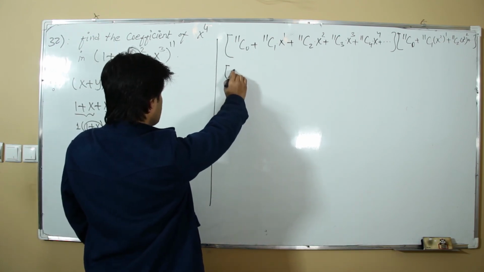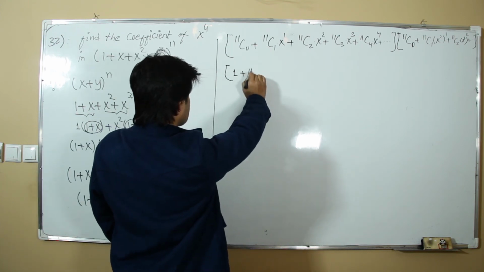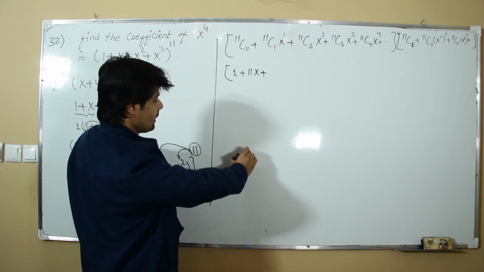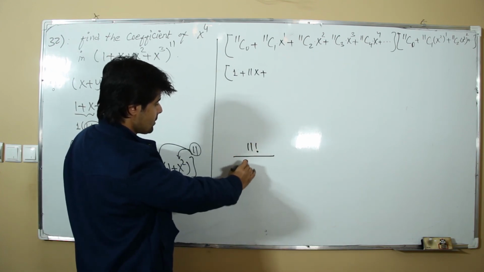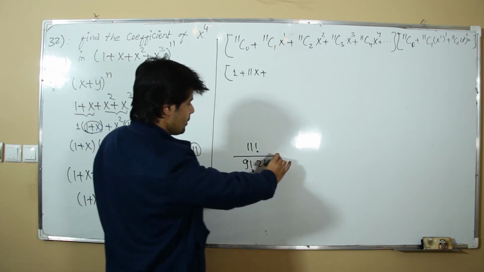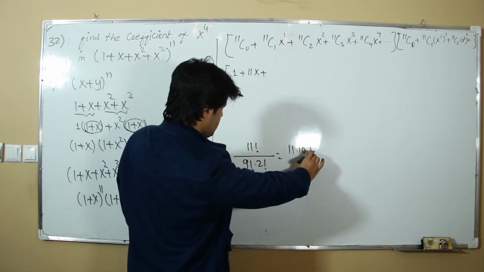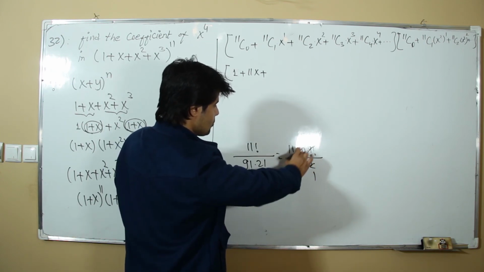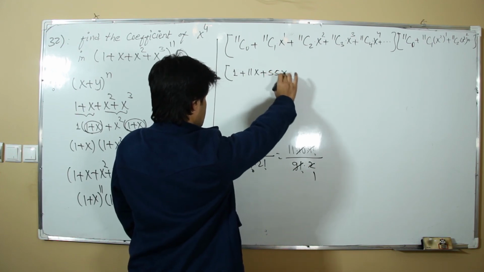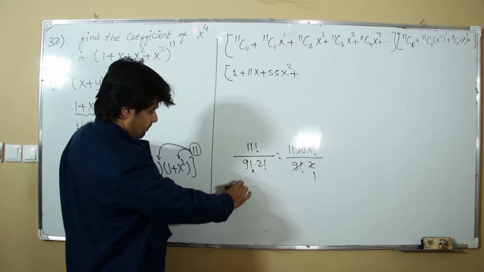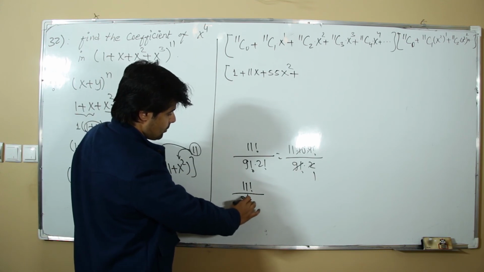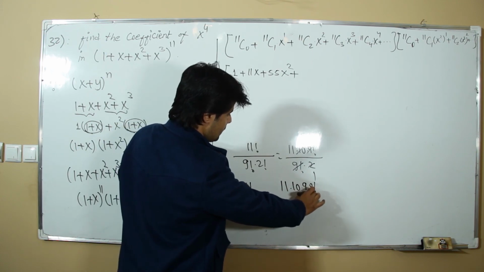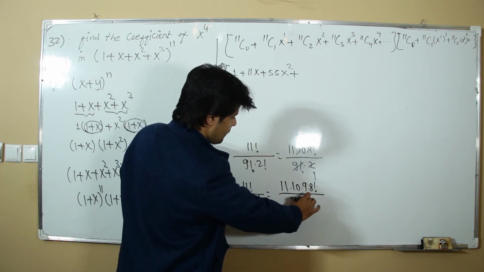Now 11c0 is 1, plus this one is 11x, plus, if we want to solve 11c2, 11 factorial over 11 minus 2, 9 factorial times 2 factorial, you will have 11, 10, 9 factorial over 9 factorial, 2 factorial is 2, this is cancelled, 2 times 5 is 55, x squared, plus 11c3, 11 factorial over 8 factorial times 3 factorial, you will have 11, 10, 9, 8 factorial, and 3 factorial means 6.